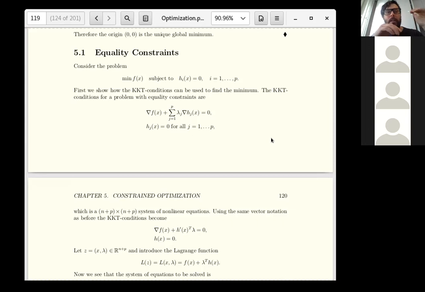And we express the KKT conditions as follows. The gradient of the cost function plus a linear combination of the gradients of the equality constraints must amount to 0, and of course, the constraints h of x must all be equal to 0.